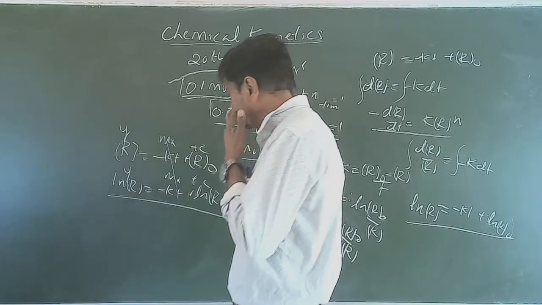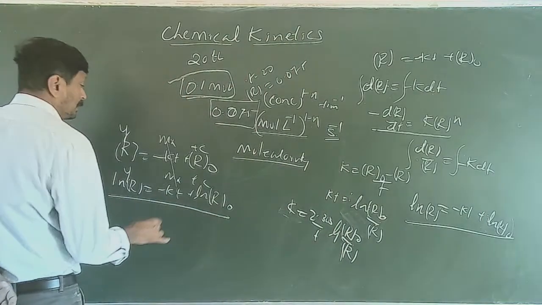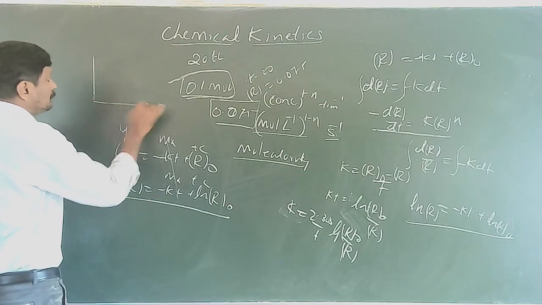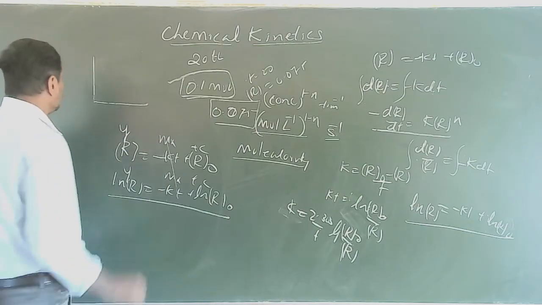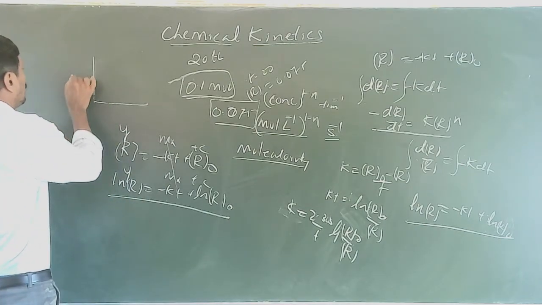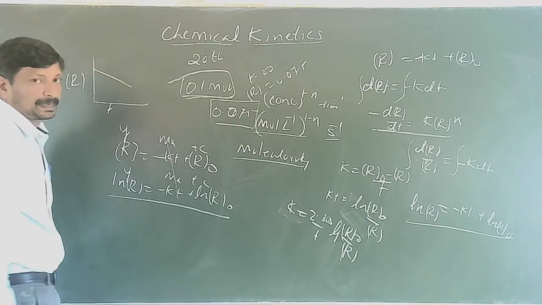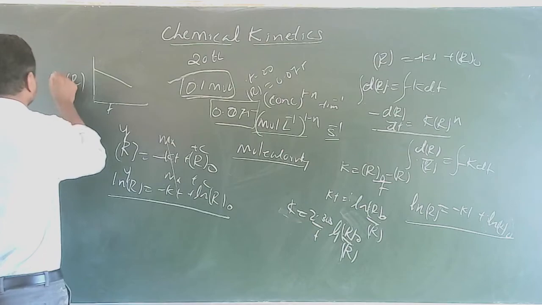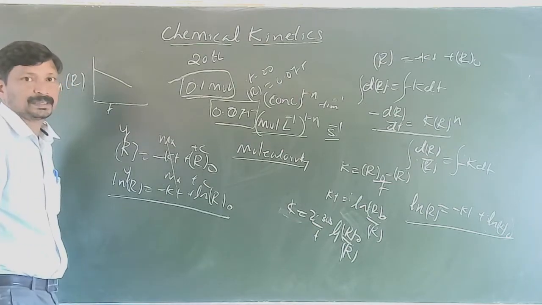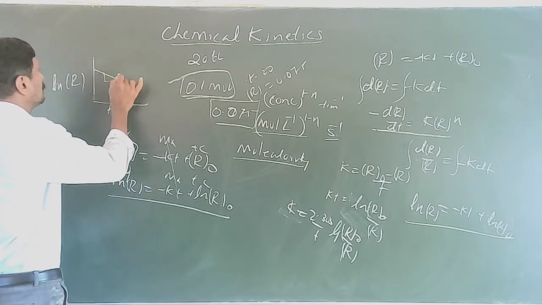So what will we get? Here, R versus time, you will get a straight line like this for zero order reaction. For first order reaction, ln R versus T, the slope is equal to minus k.